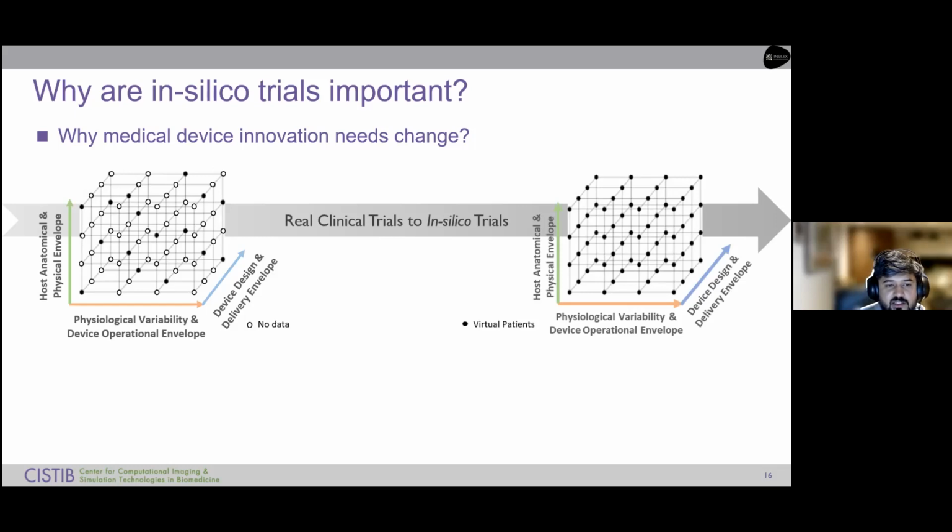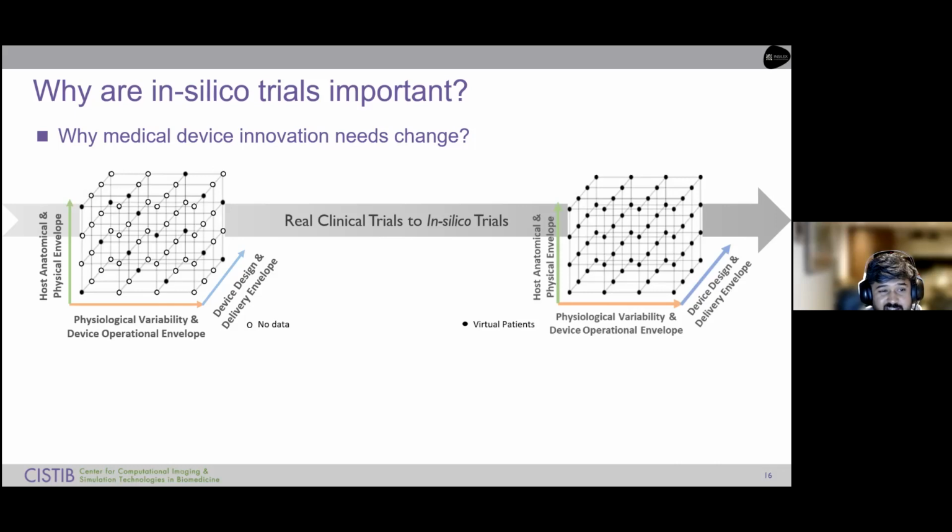you're looking at this type of grid on the left, which represents the combinations of anatomical, physiological, and device characteristics that have been tested. So the black dots here represent, let's say, a sampling in this clinical trial space, where each dot says that this specific device has been tested in patients that have this range of anatomical and physiological characteristics.